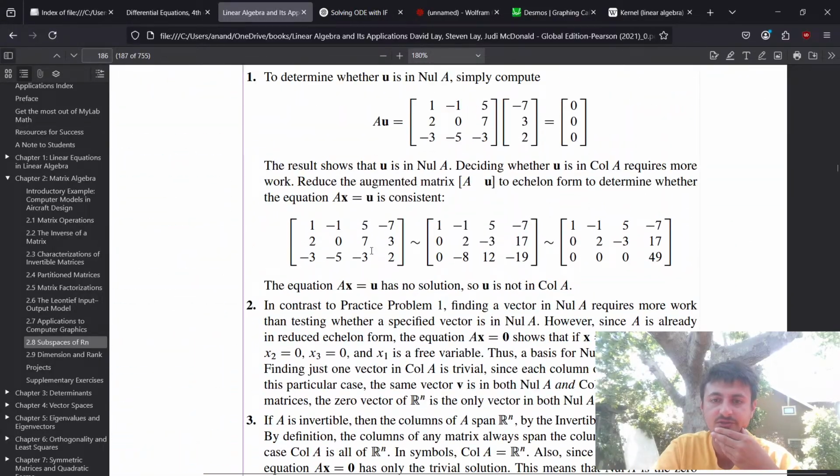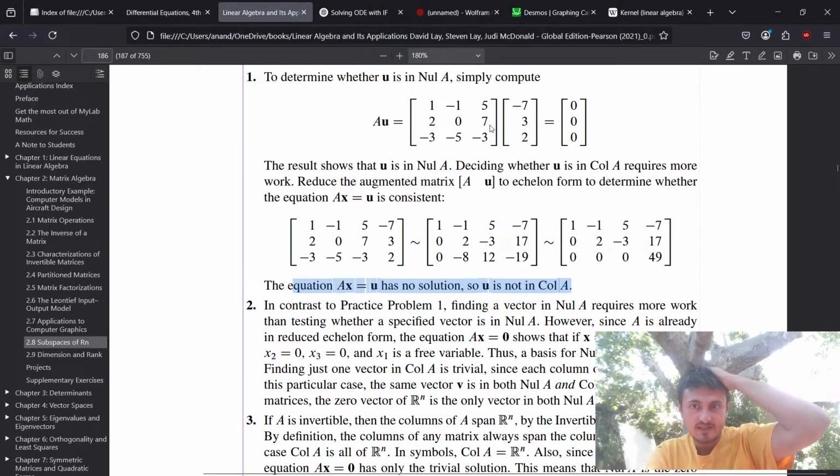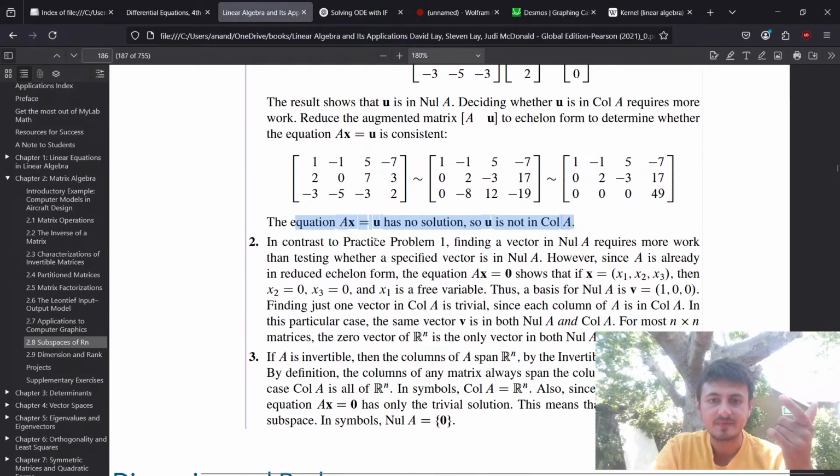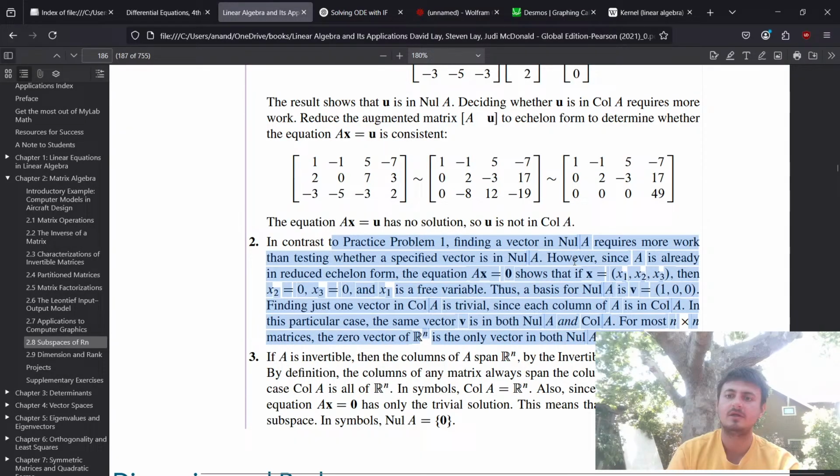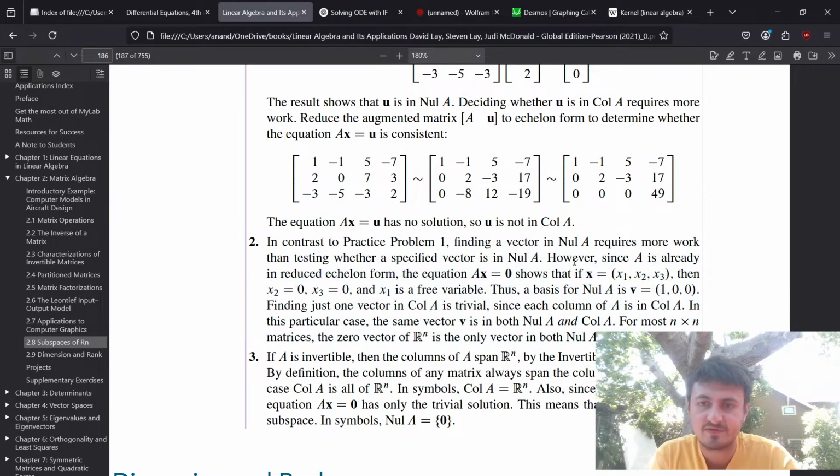Okay, so the first one is in the null space. It's not in the column space, so we were right about that. Then here, finding a vector in Nul A requires more work than testing whether a specified vector is.